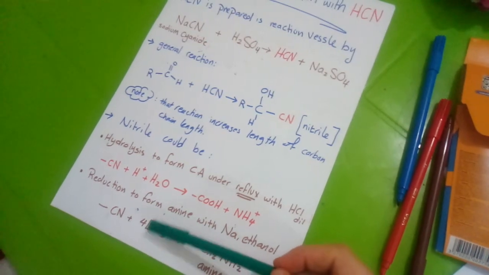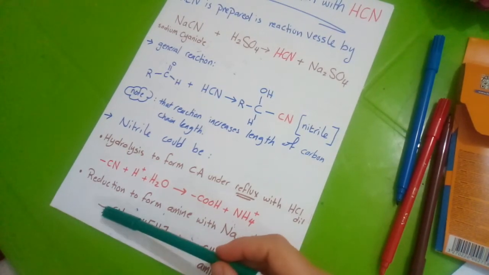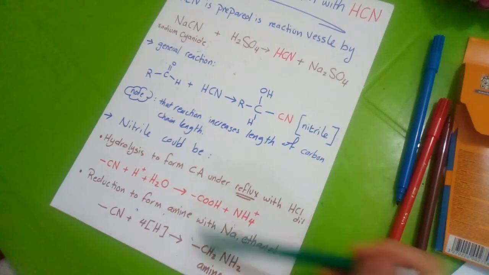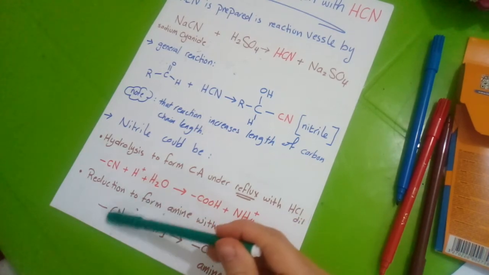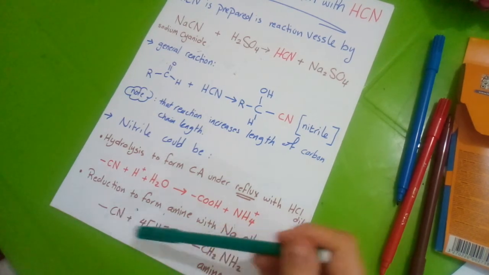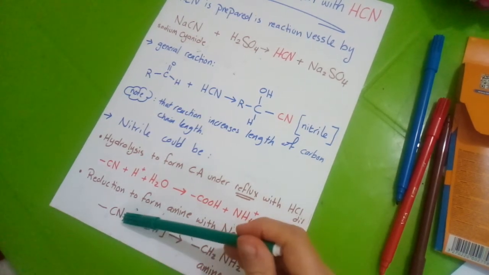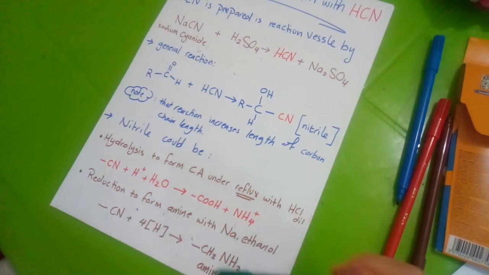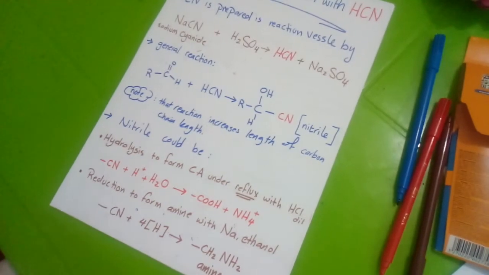By this reducing agent, I will reduce my nitrile to what? To an amine. So I will add 2 hydrogens to that carbon atom, so it will form CH2, and 2 other hydrogen atoms will be added to the nitrogen to form the amine group. So by reduction of my nitrile, I will form an amine.